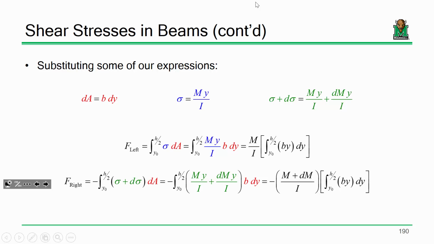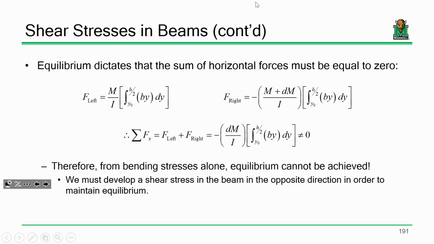Same thing on the right: do the same treatment, plug and chug, factor it out, keep everything simple. So far, so good? The sum of forces in the x direction has to be 0, and I've got a problem. Because if the sum of forces in the x direction equals 0, and this is all I've got, then the force on the left plus the force on the right has to equal 0, but that's not the case.